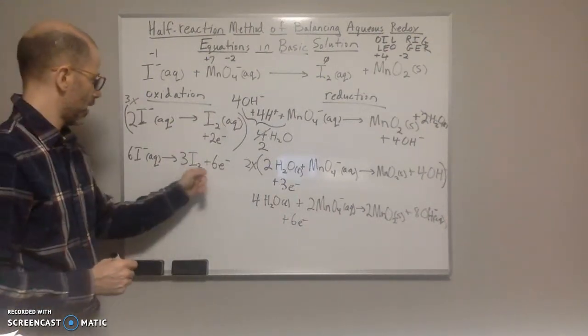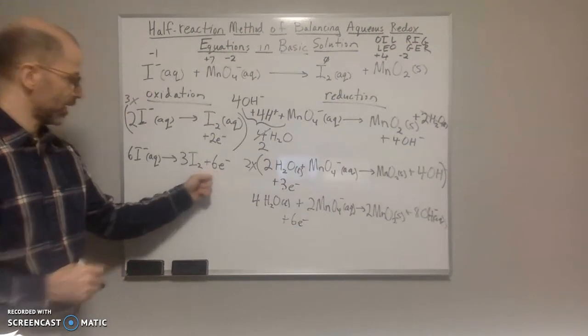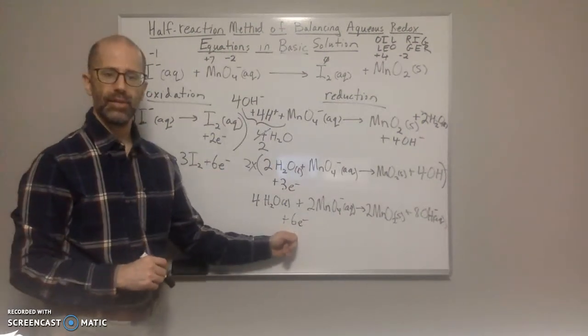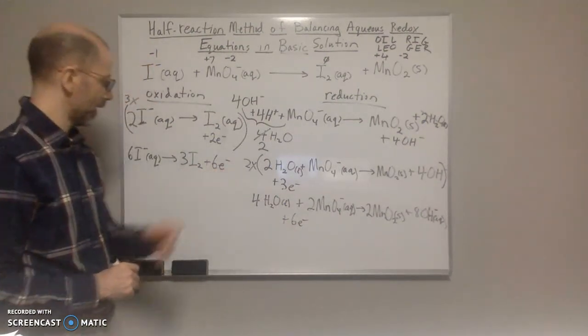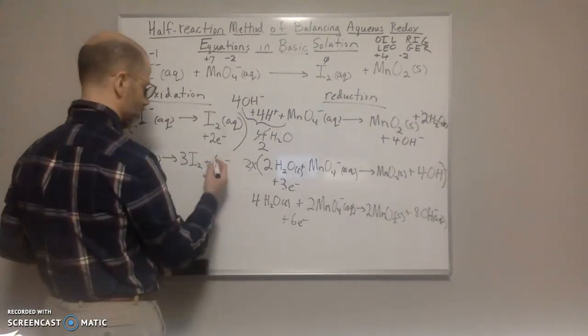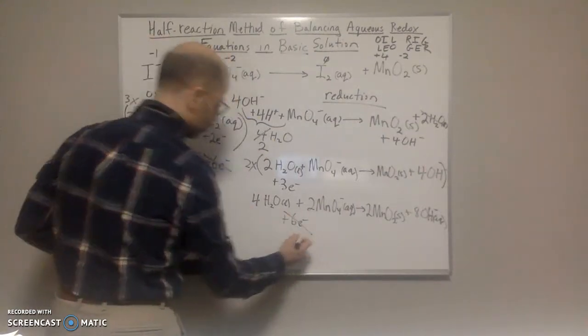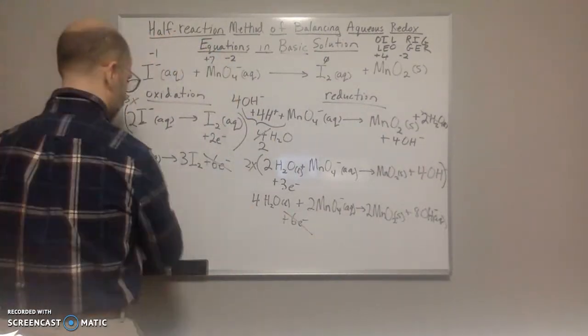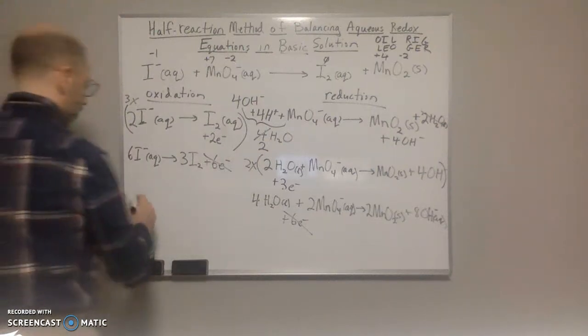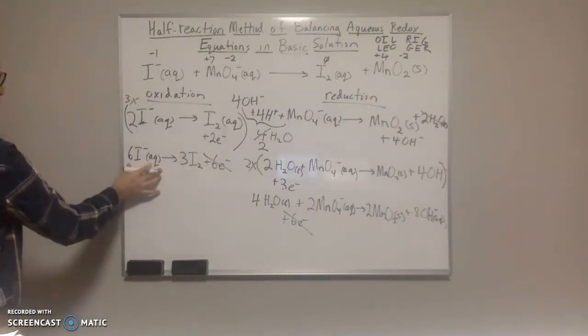When I do, I have 6 electrons on the product side here and 6 electrons on the reactant side here. Those are going to cancel out, so I'm not going to include them. And then everything else I include. So here, I'm going to include my reactants first.